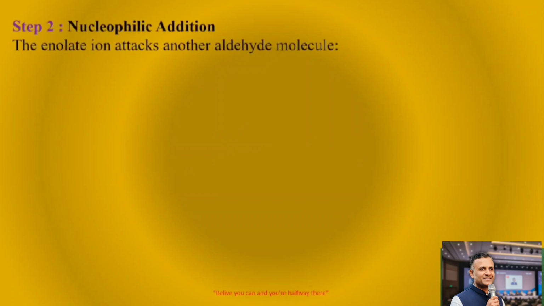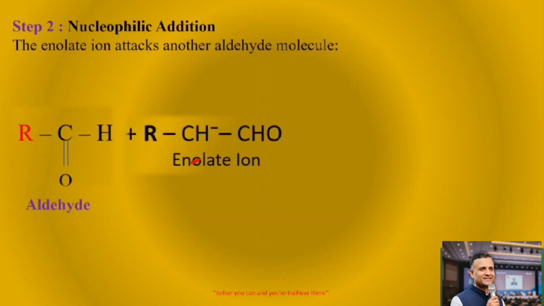Second, nucleophilic addition. The enolate ion attacks another aldehyde molecule. Here, the negative part of enolate ion attacks the carbonyl carbon of the second molecule of aldehyde, resulting in the pi electron between the carbon and oxygen being shifted towards the oxygen.